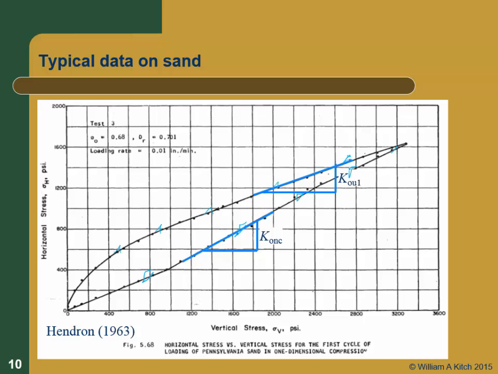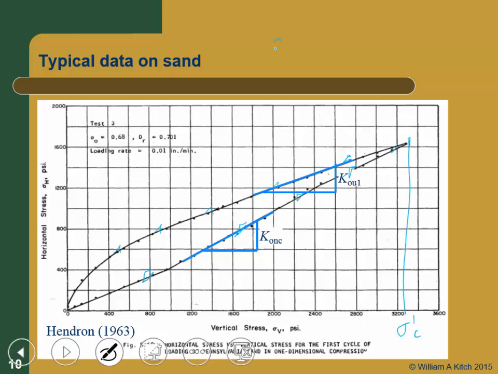And then on the unloading side, if you think about it, this is now an over-consolidated soil, right? This, if you want to think about it, is sigma prime C, the pre-consolidation stress. That's the highest stress it's ever seen. And now as we unload, the farther we unload, the greater the over-consolidation ratio is.